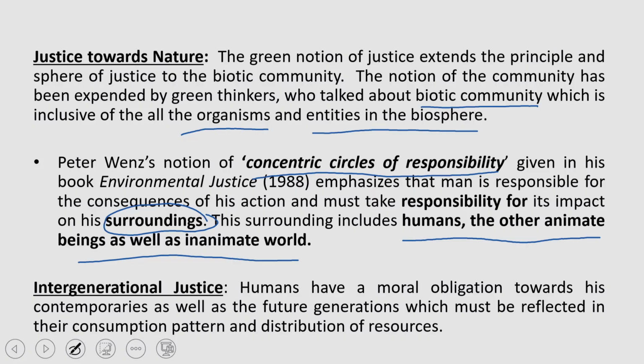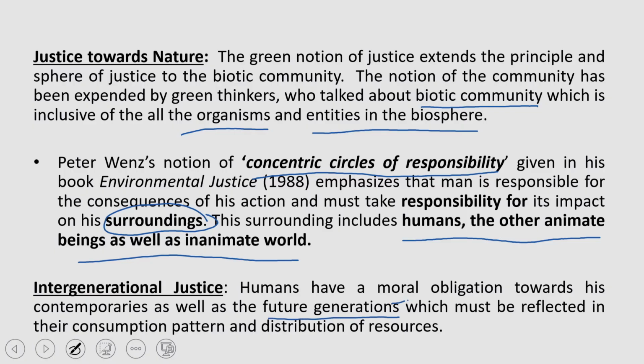Now the second aspect, that is intergenerational justice. As I said in the beginning, justice includes finding fair principles of distribution of resources and opportunities. So when we say fair principles of distribution of resources and opportunity, the question is: distribution among whom? Intergenerational justice argues that it includes the claims of future generations.